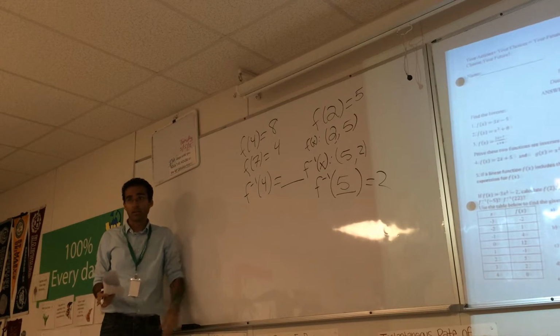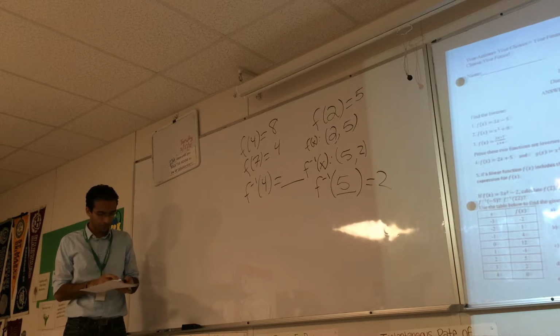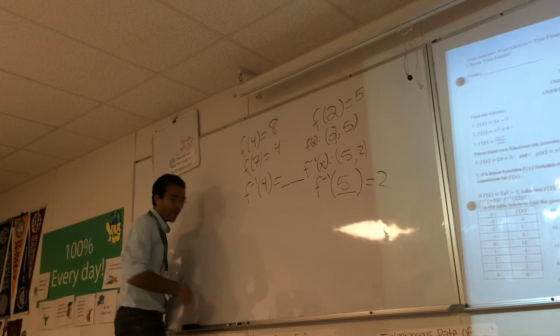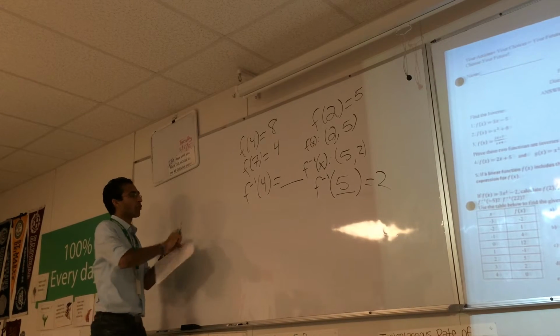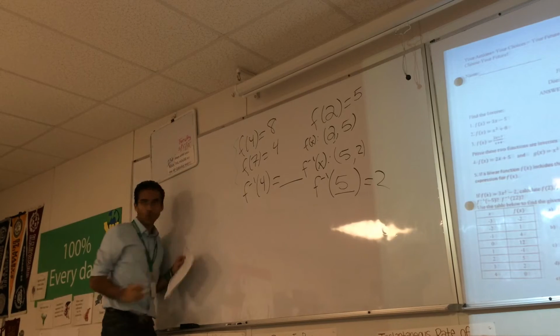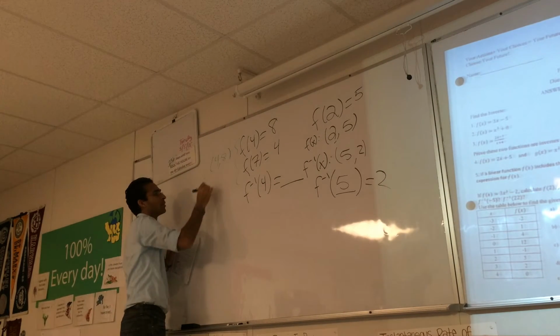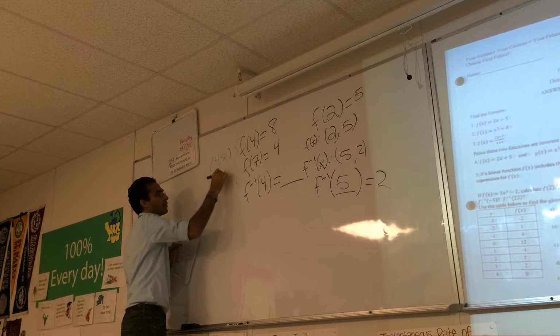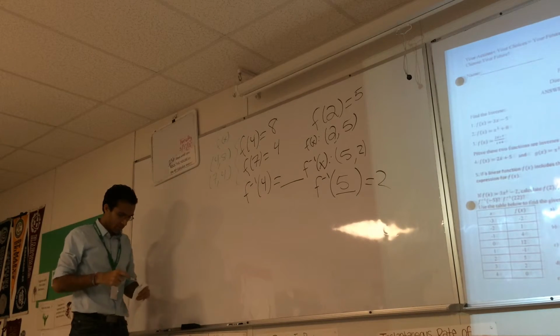So let me model what we're thinking here, so you are correct in your answer. The way I would approach this problem is as follows. I would first write both of these as coordinates. I know I have this point, and I know I have this point. These are on the f of x, on the original, guaranteed.